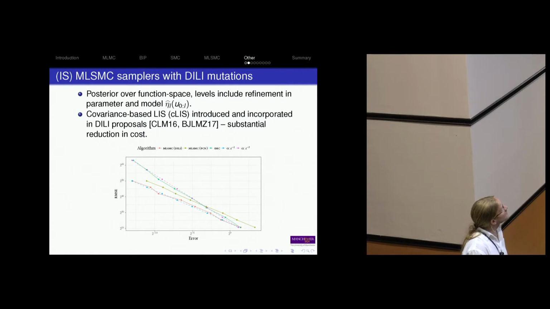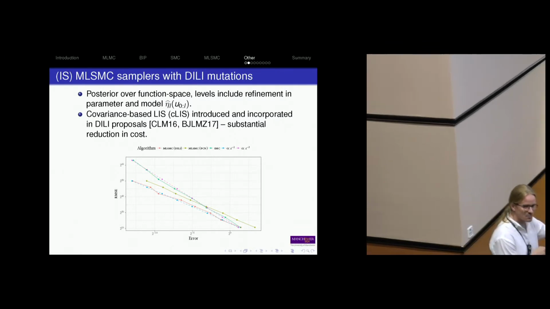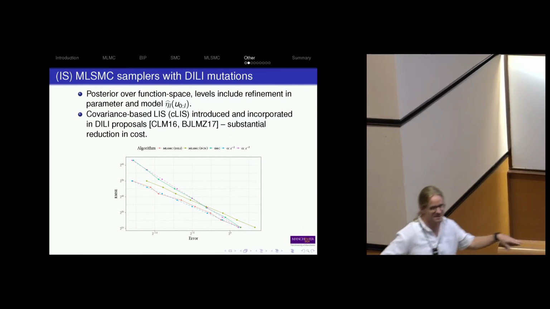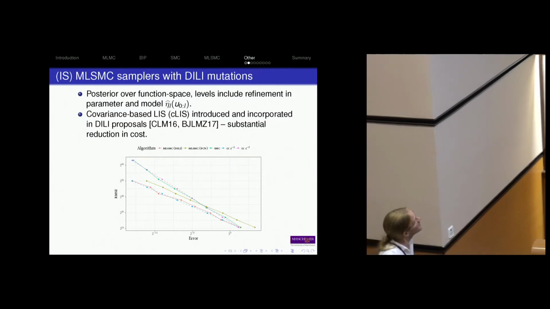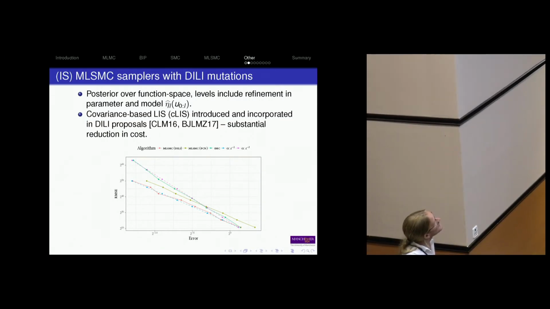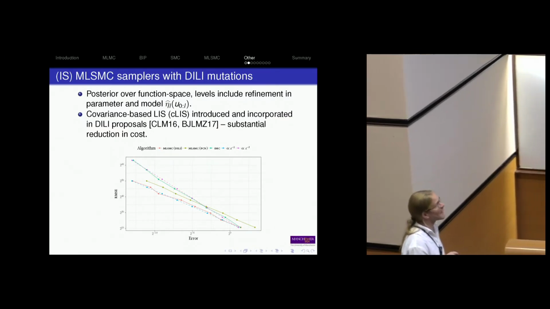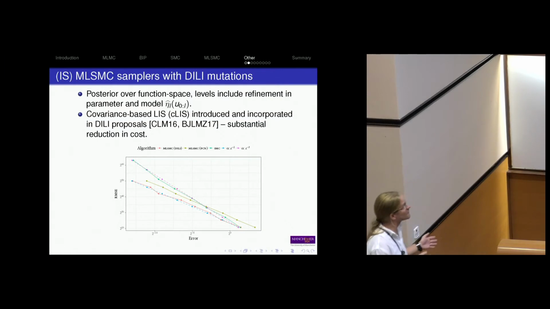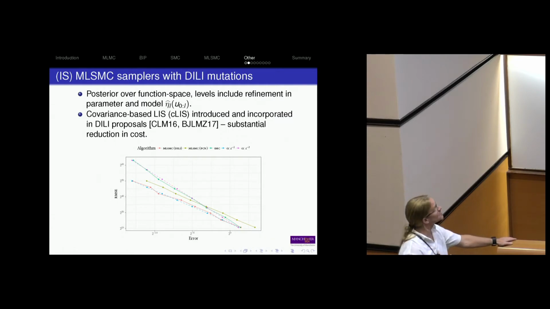So this is one of your options actually when we choose your own second half later. ML-SMC samplers with DILI mutations. So we look at the case where, okay, now it's actually what you can comfortably call Bayesian inverse problems. So we're trying to actually sample from a measure over a function space.